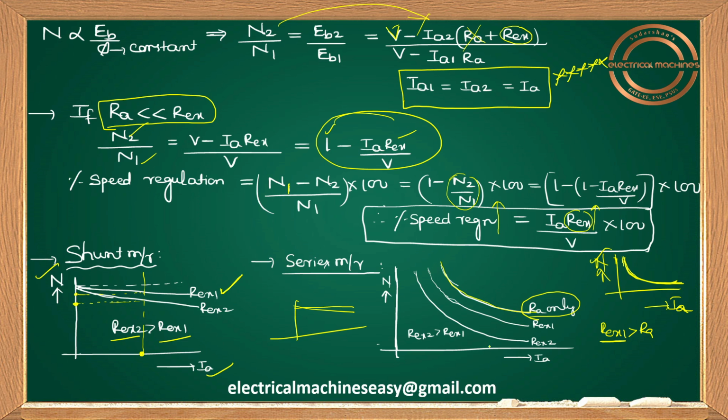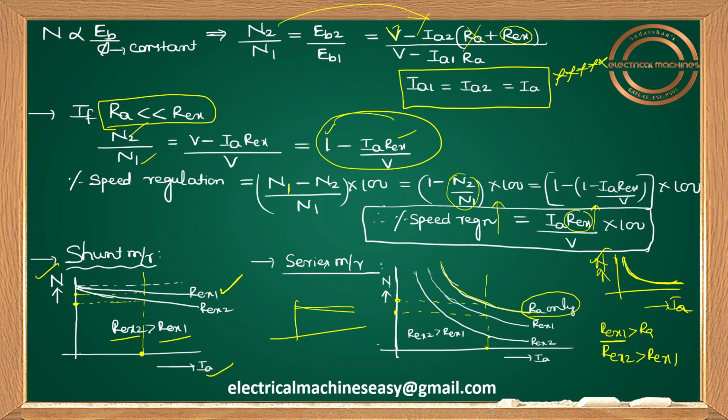If you want, you can check at a particular load. If only RA is there, this is the speed. If you take REX1, which is more than RA, the speed will be this much. This is reducing. So obviously, in the armature resistance control method, speed will be reducing. Suppose you still increase the armature circuit resistance to REX2, greater than REX1, once again your curve will be a rectangular hyperbola only, but this curve will be somewhat below REX1.